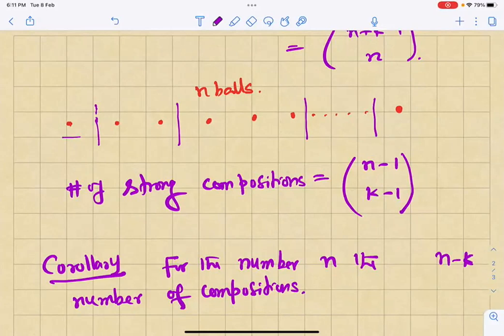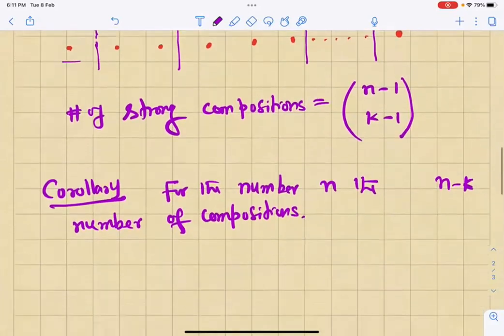Then no box will be empty. For example, I have placed this tick here, which means the first box contains this red ball. Yes, I understood. Right. So from these n-1 gaps, you really choose the k-1 positions for the sticks and place them, right? Yes, sir, thank you.